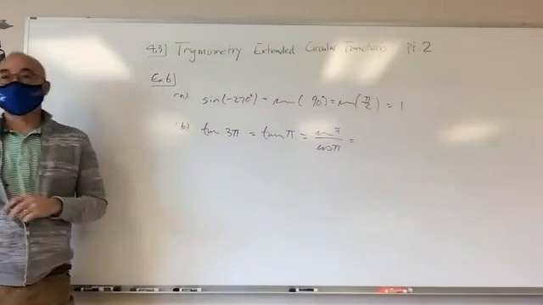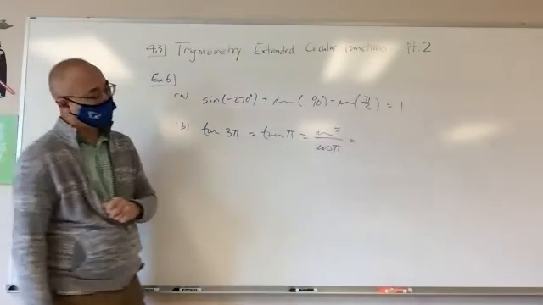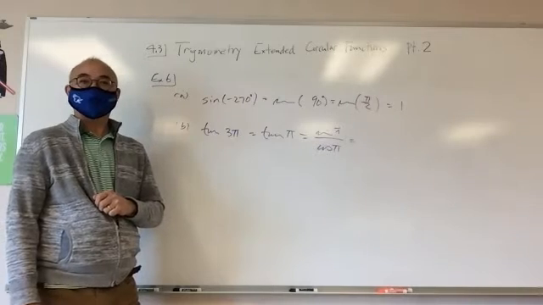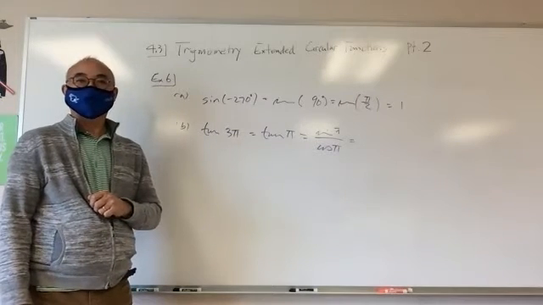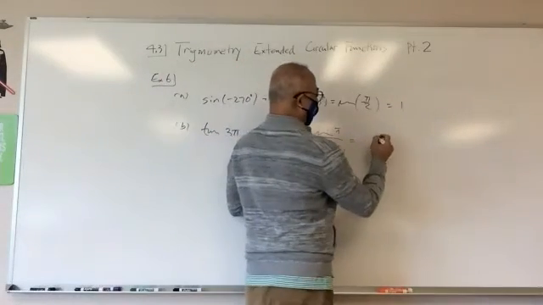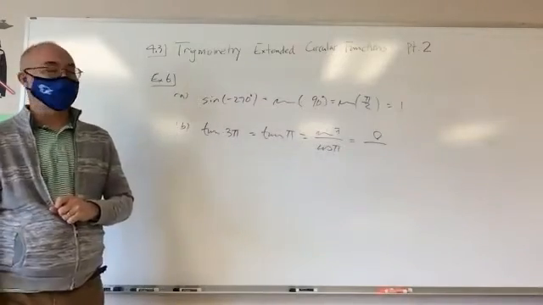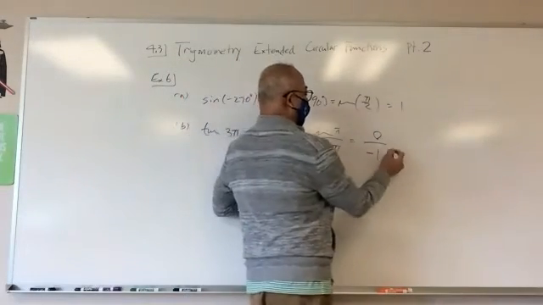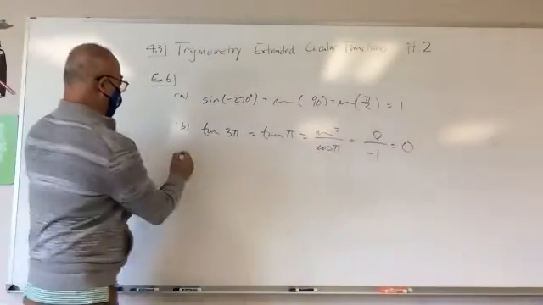Sine of pi is 0. Cosine pi is negative 1. 0 over negative 1 is 0.